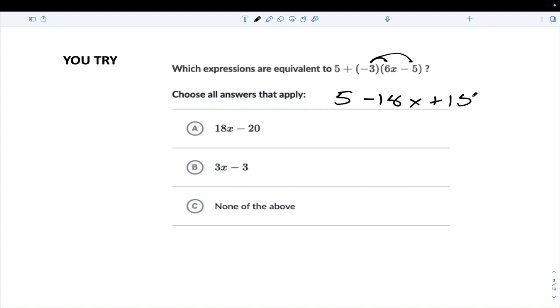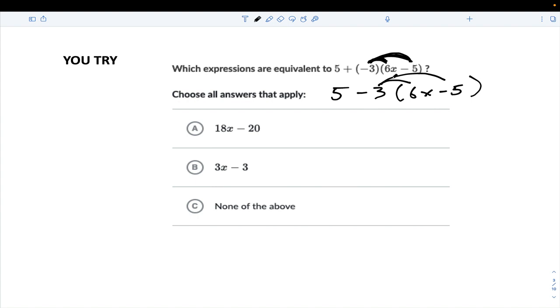Mr. McAfee, what do you do if it's 5 plus negative 3 in parentheses and then 6x minus 5 in parentheses? If you're going to use the distributive property, would you still use the negative 3? My question is, the 3 is in parentheses, but I was wondering if you still use the 3 or you would use the 5.